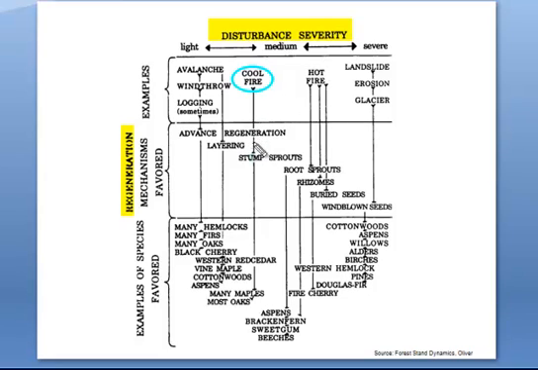What kind of regeneration mechanism can be favored? One of them is stump sprouts. In our part of the world, and this is for all of North America, what species would favor that? Well, the species that would favor stump sprouts would be oaks, definitely.